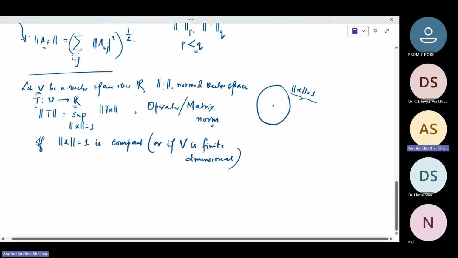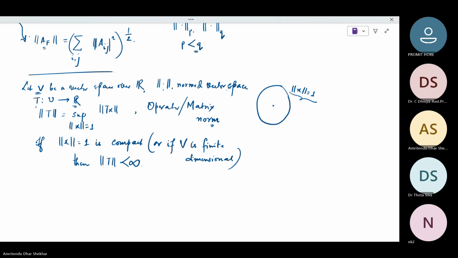So if it is finite dimensional, then the operator norm exists and will always be finite.